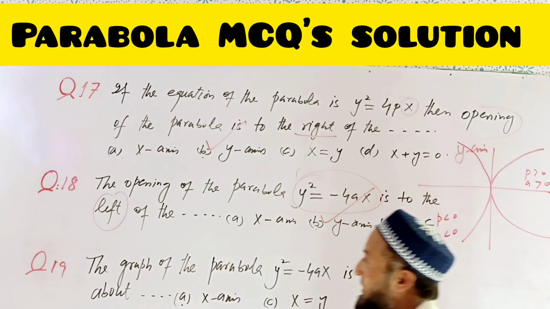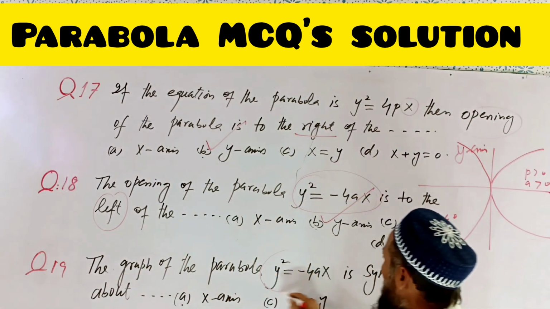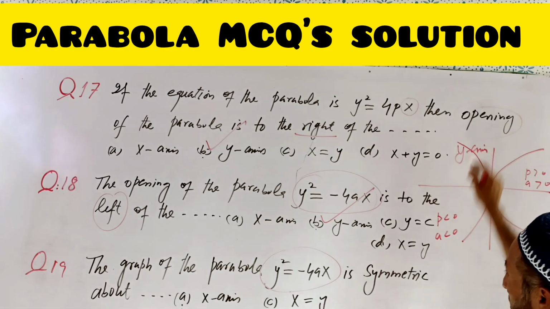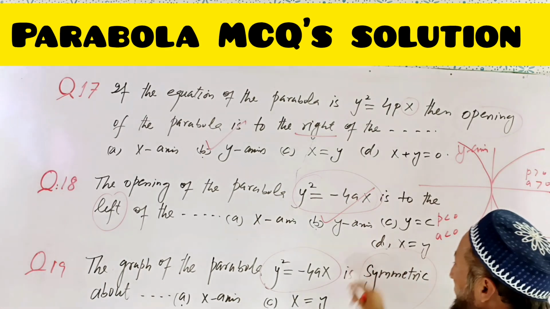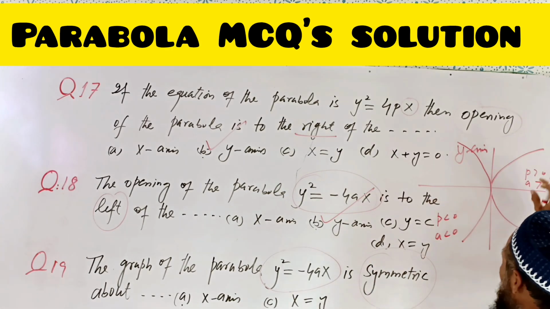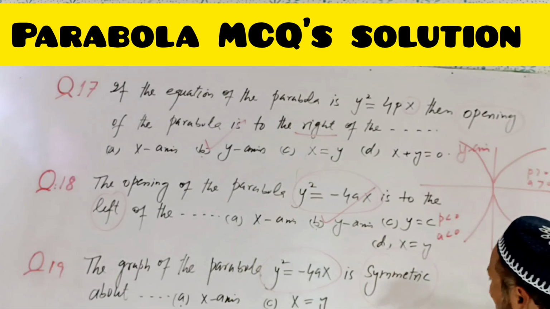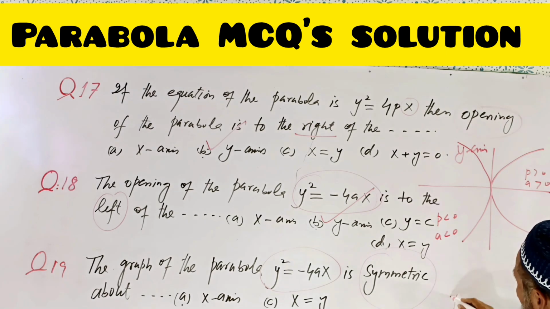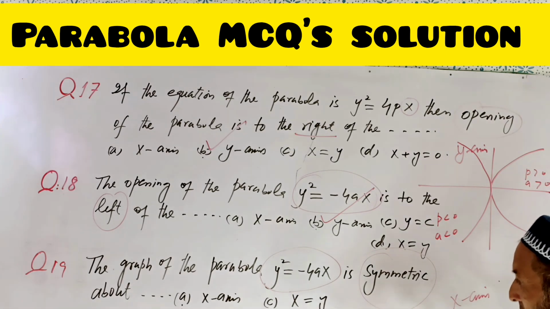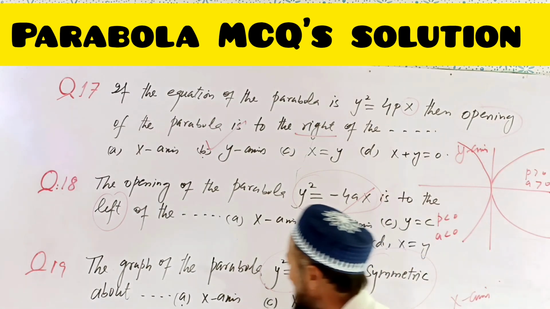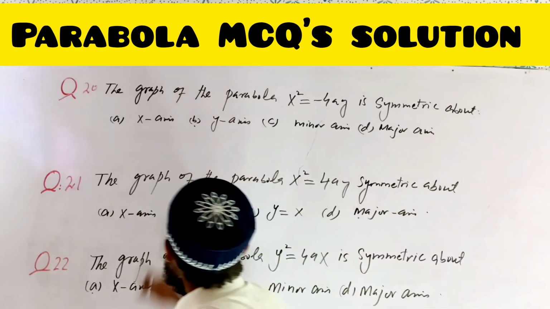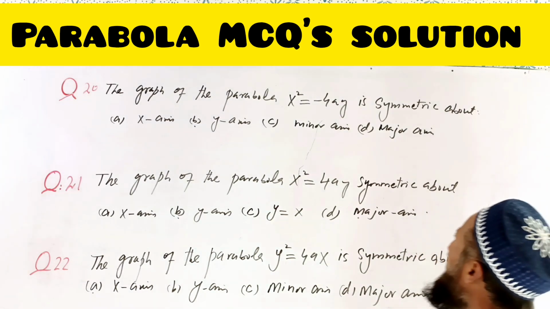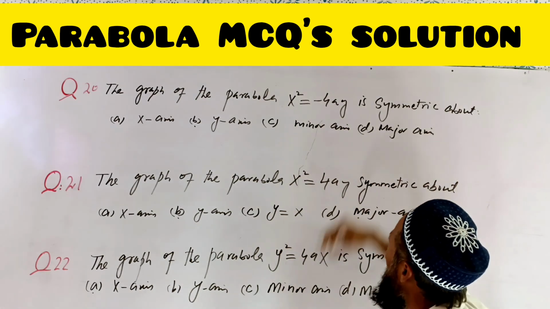Question number 19. The graph of the parabola y square is equal to 4ax, the same situation, is symmetric along the x-axis. Then we put y is equal to 0, along the x-axis. The graph of the parabola x square is equal to minus 4ay is symmetric about what?